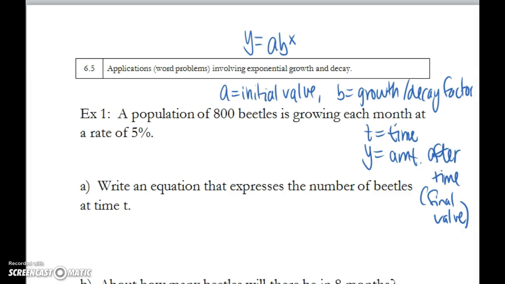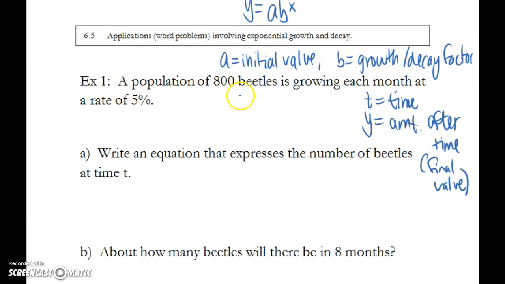And so using this model in this particular problem, it says a population of 800 beetles is growing each month at a rate of 5%. Our initial value is how many beetles we're starting out with. So that's A, that's 800. And our growth or decay factor is what percent of beetles do we have the next time compared to the previous time.